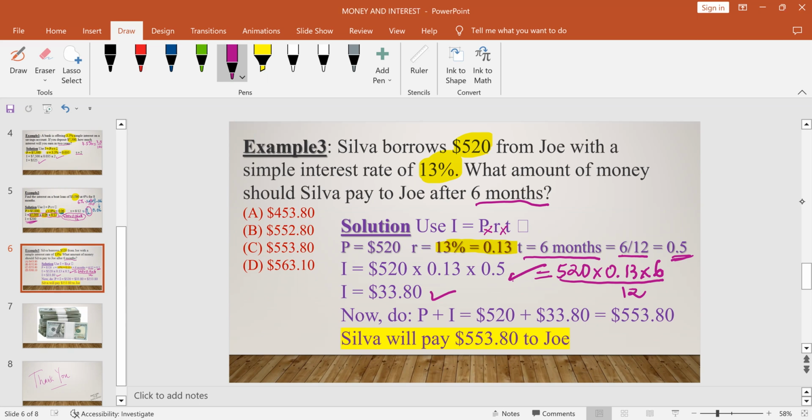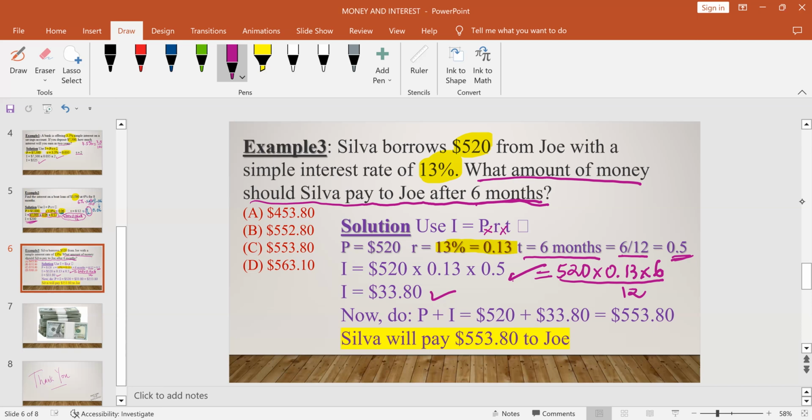Because in the question, they say, what amount of money should Silver pay to Joe after 6 months? What amount? So if Silver borrowed 520, Silver will not pay 33.80. No. Silver is going to pay the 520 plus the interest, which is the 33.80.